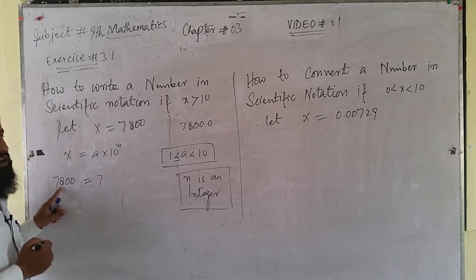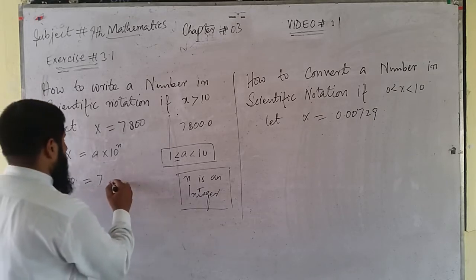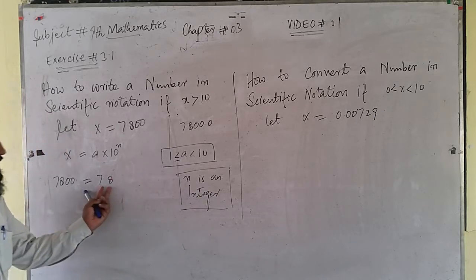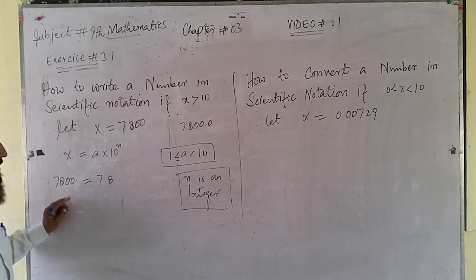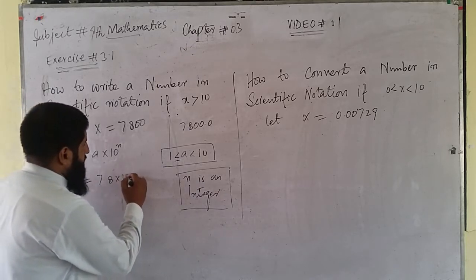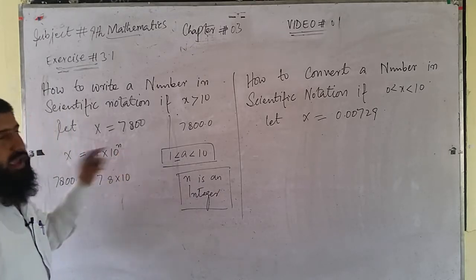So we place it after 7: 7.8 multiplied by 10 raised to power n. From here we have to find n.